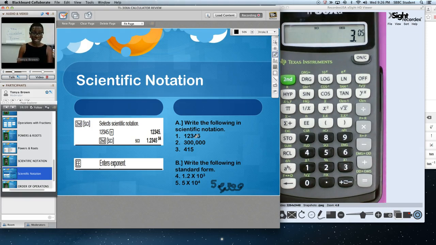How do I write that in scientific notation? That's going to be 3 times 10 to the 5th power. That is the scientific notation. You cannot just write 3 to the 5th power because that's a very, very different number.